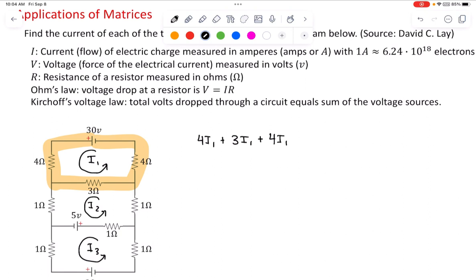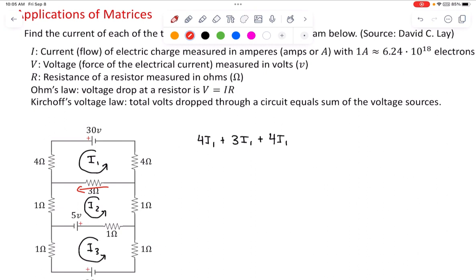Furthermore, we have to take into account that there are a couple of resistors here that are on multiple circuits. For example, this resistor right here is also on the middle circuit that involves I2. And notice that I2 flows this way based on our assumption of a counterclockwise motion.